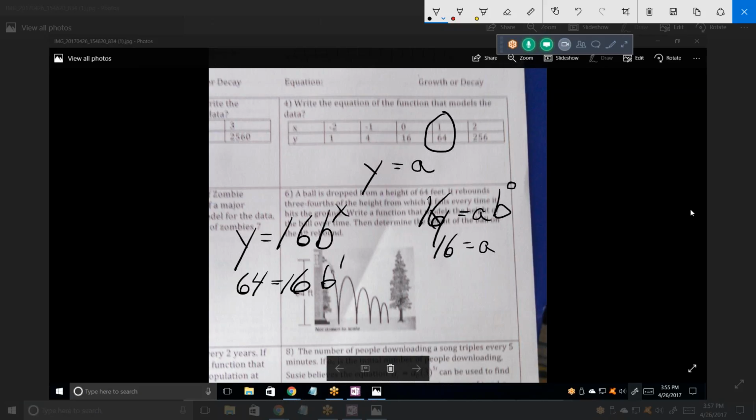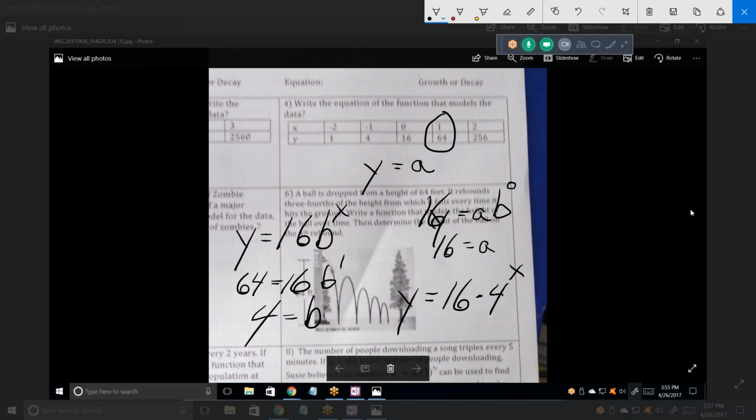Now divide both sides by 16 and you get b equals 4. So now we have our a and our b. So it'd be y equals 16 times 4 to the x power, correct.